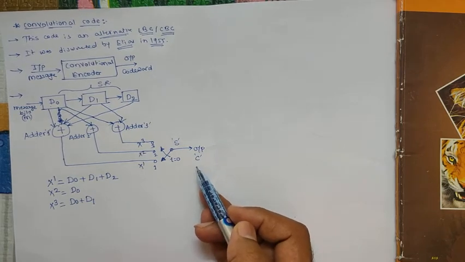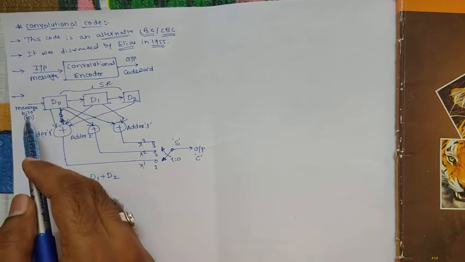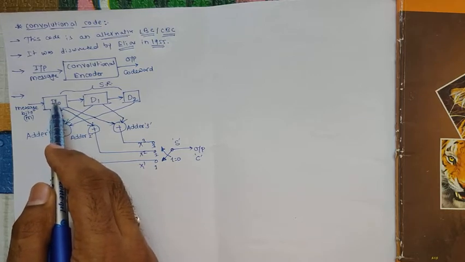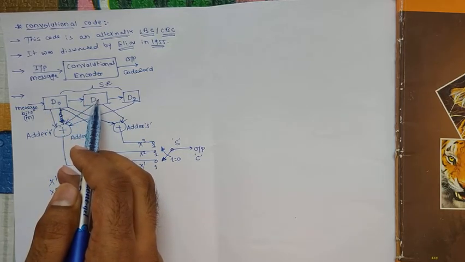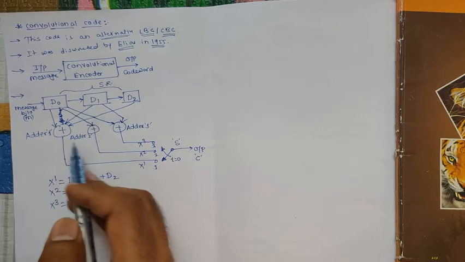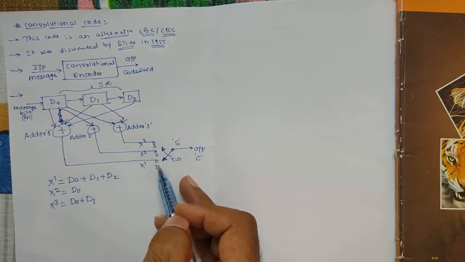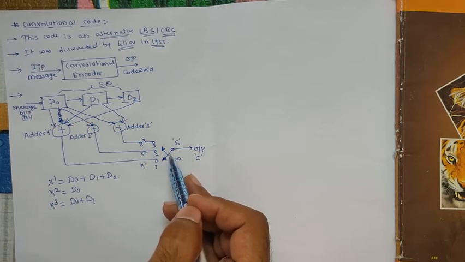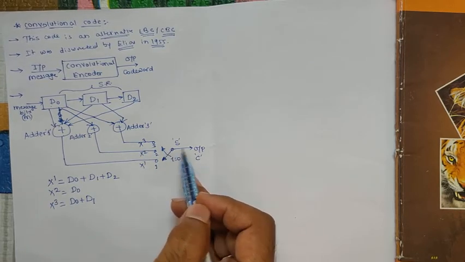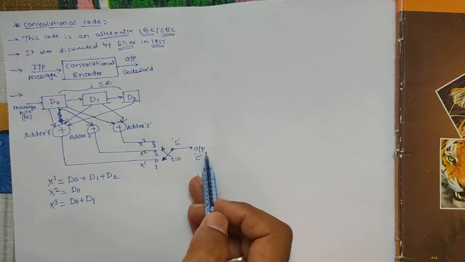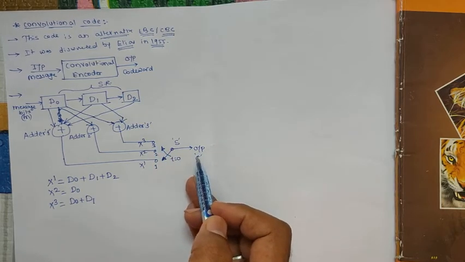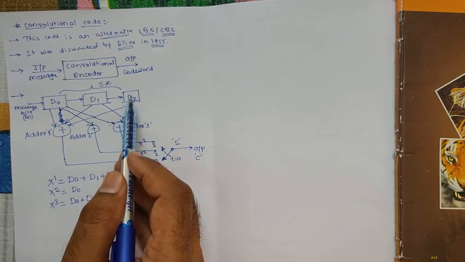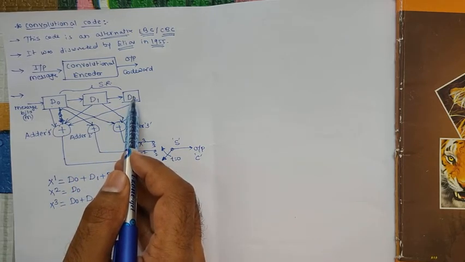Now when the second bit comes from the message, it will be stored in D0, and whatever content was available in D0 will be shifted to D1. Once again we get 3 bits at x1, x2, x3, which will be sent by the switch to the output. During these 2 bits, the content of D2 still remains vacant.